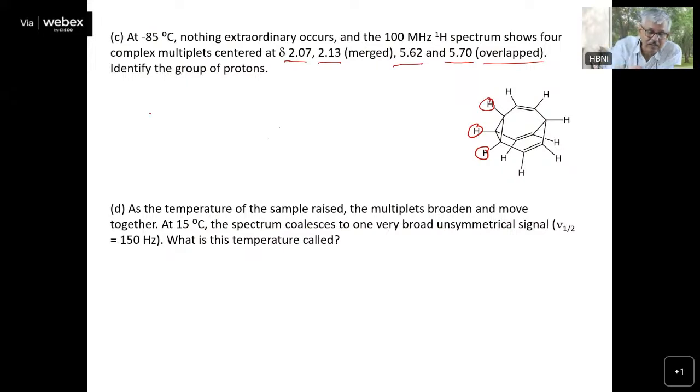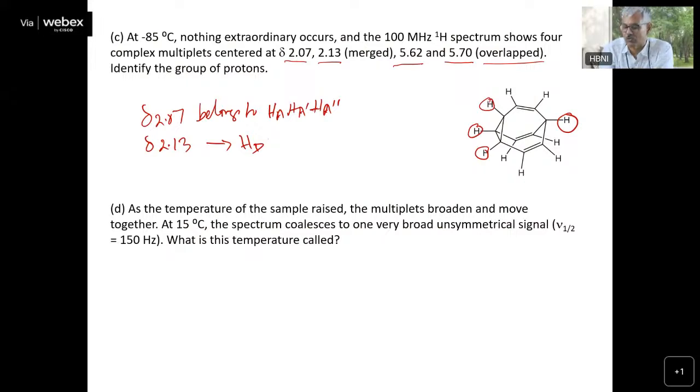So delta 2.07 is HA prime and HA double prime. Now the 2.13 will be the sole proton, only this proton, the HD proton.